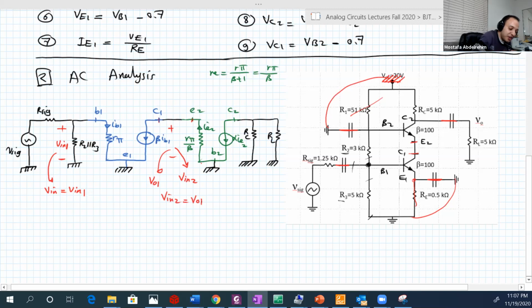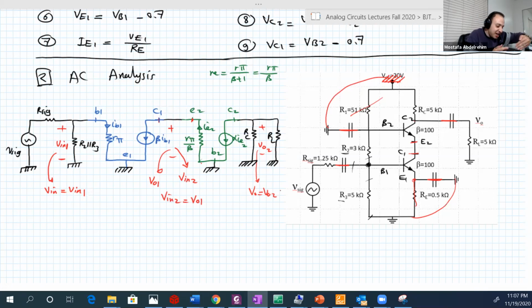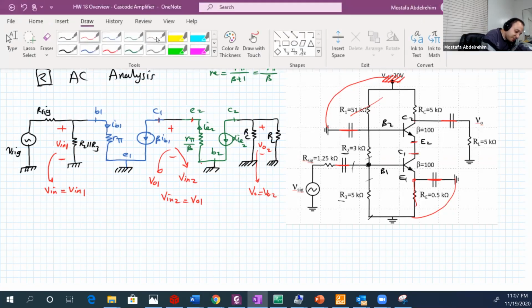Where is the output? The output is between collector 2 and the ground. Here is the output 2. And it looks like this is actually the whole output of the circuit. So it's clear now that you have two stages. This is the first stage. Let me draw it for you with another color.